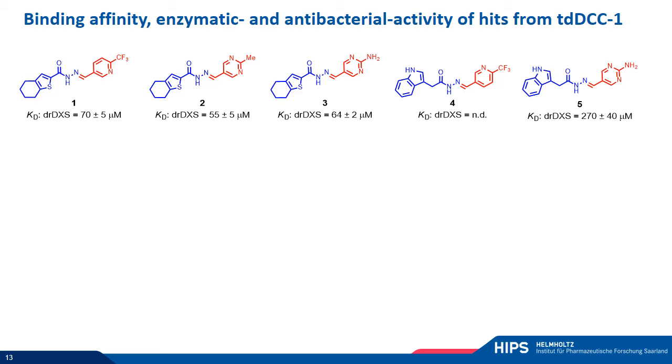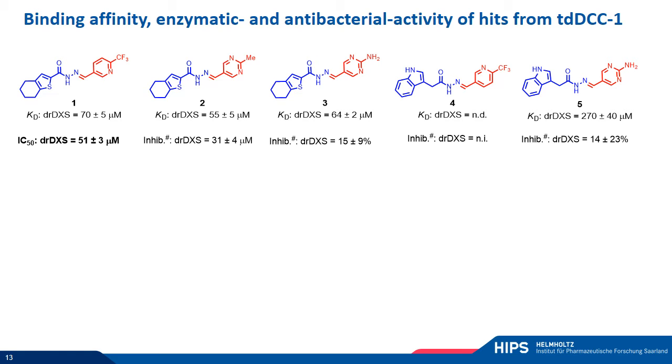Interestingly, the trend of binding affinities of these hits mostly correlated to their amplification in the DCC runs. Furthermore, we also evaluated the enzymatic activity of these hits against DXS, which showed a similar trend: the most amplified hit was the most active one, showing 51 micromolar IC50.